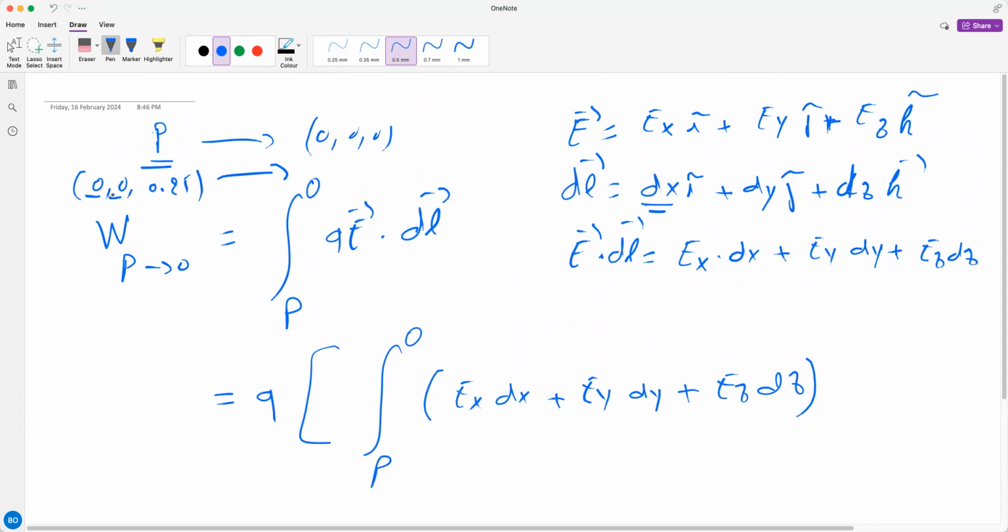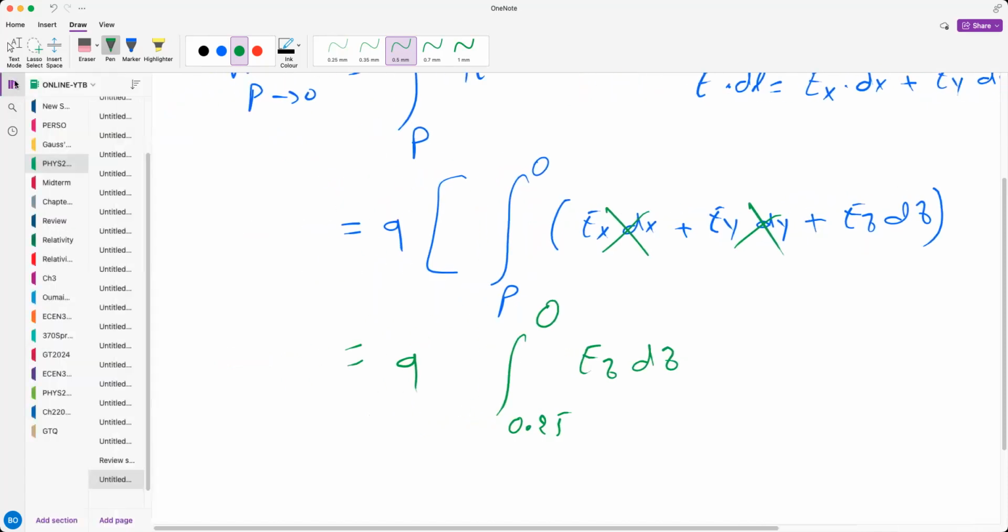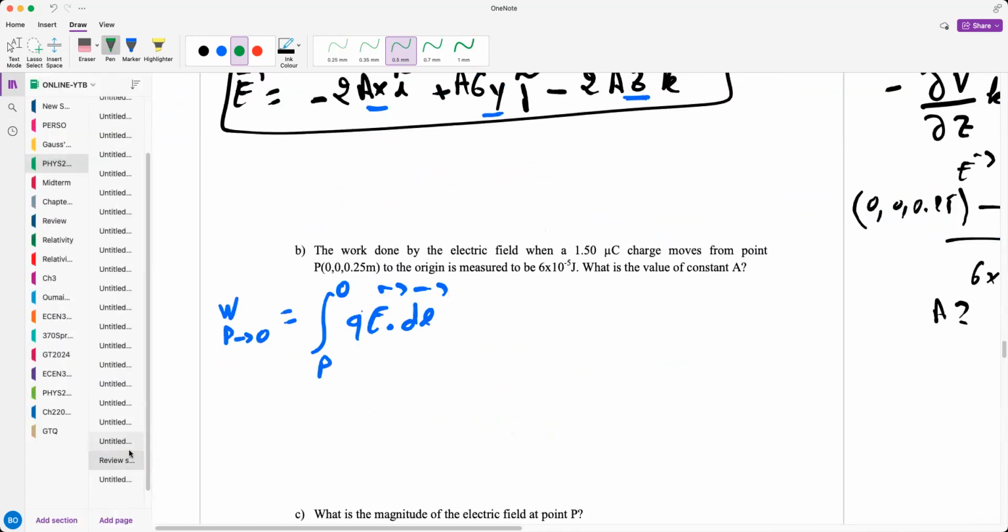According to this example, the only displacement will be along the z-axis. So we can easily integrate from 0.25 to 0 of Ez dz. And what is Ez dz? We already calculated it before.